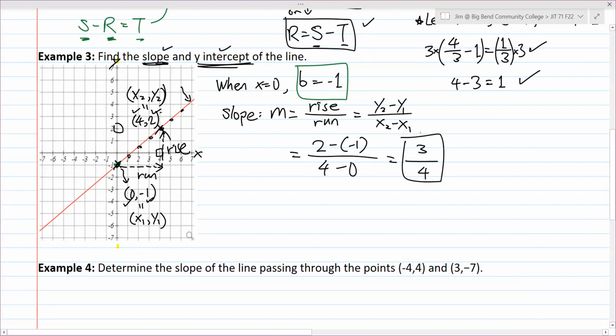So the answer will be 3 over 4. So the steepness level of that linear function is 3 over 4. That's how you find a slope when a graph is given in this way. You have to pick 2 points, and it can be any 2 points that make you feel comfortable, and then you can plug in the data points accordingly.